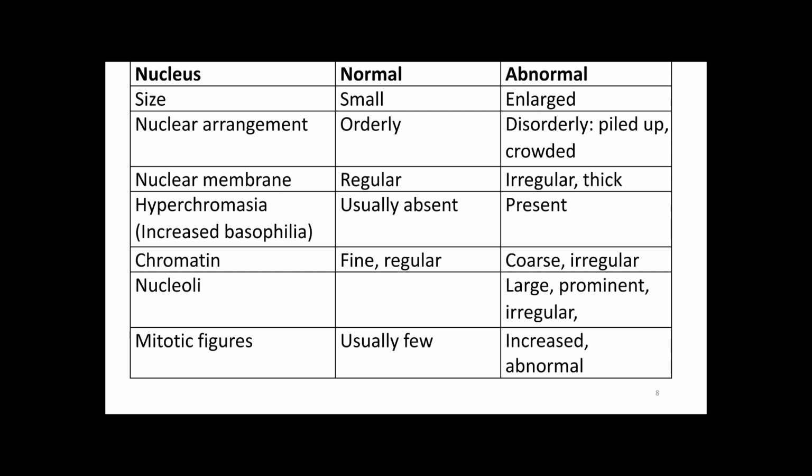Then the mitotic features, mitotic figures, mean dividing features. In normal cells, what happens? Usually few, because they are already mature, right? But in abnormal cells, yes, it is increased and abnormal.